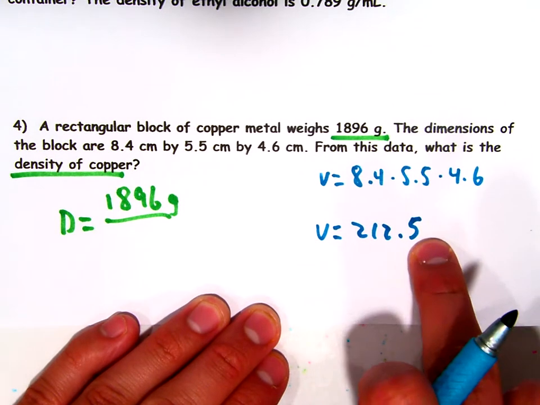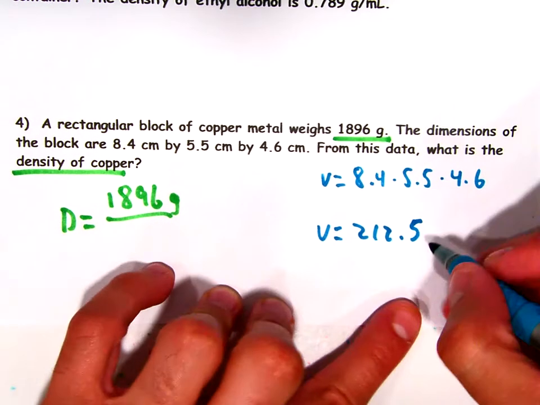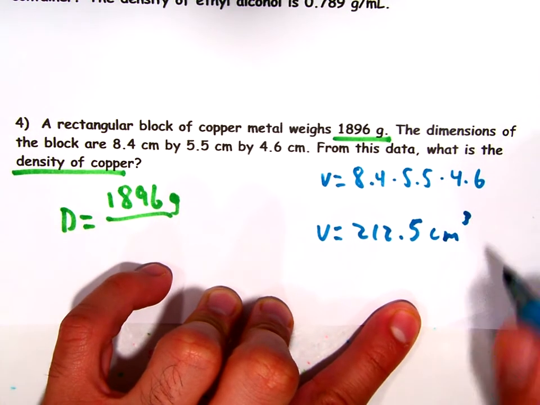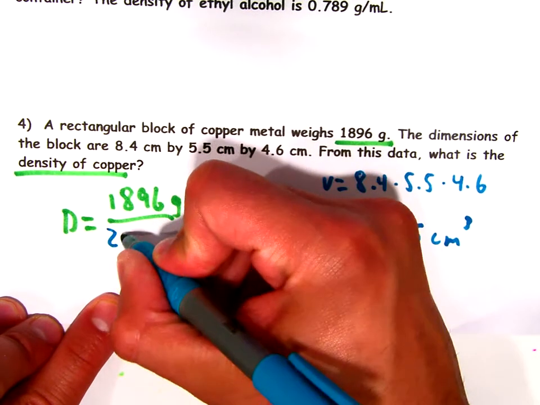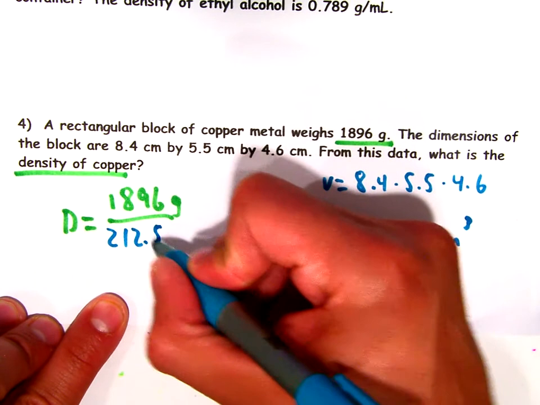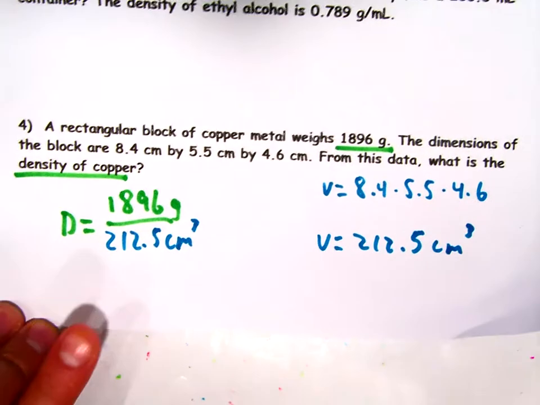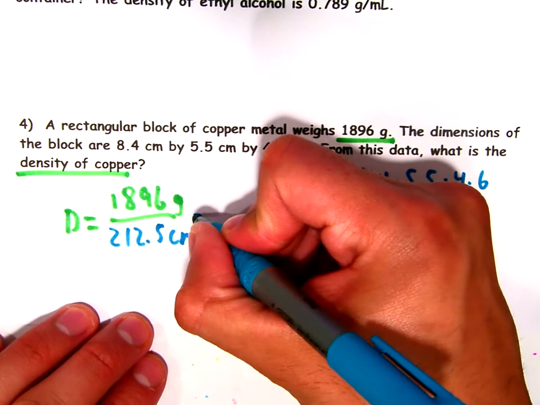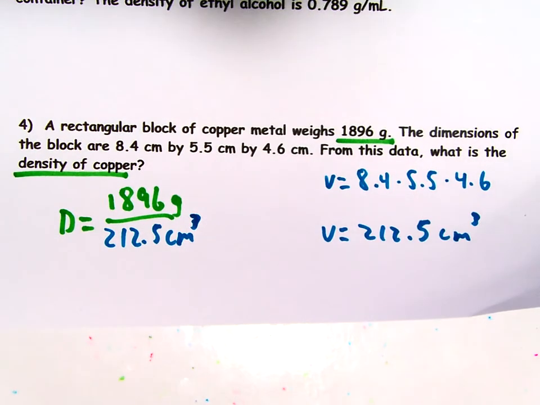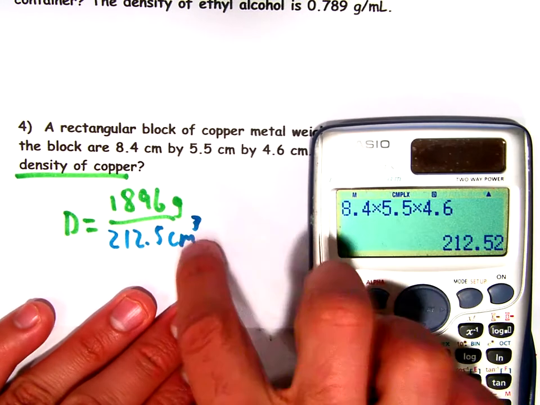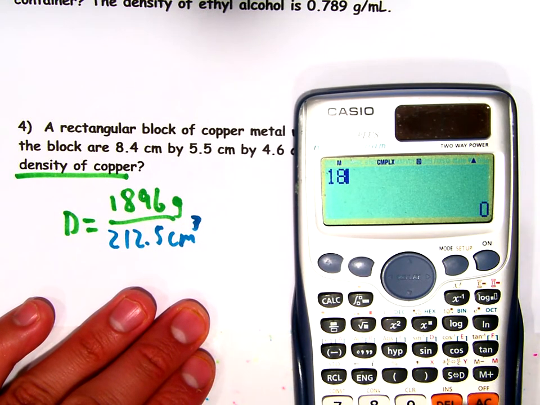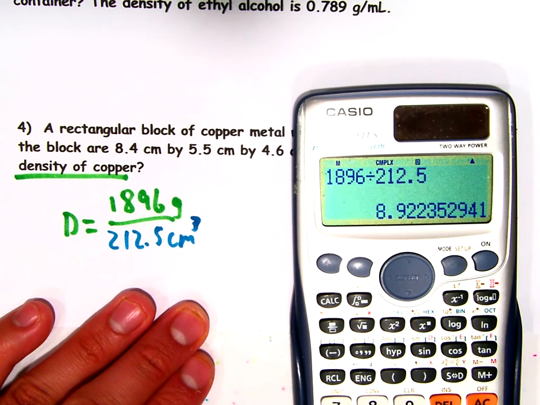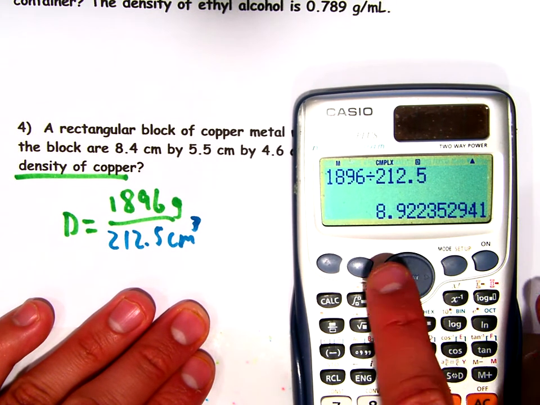What are my units? I want centimeters times centimeters times centimeters, so it's centimeters cubed. I'm not done, I have to plug this number into my volume. So I take this number and put it down there, centimeters cubed. That's a 3 there. Now I use my calculator and divide them, same as the first problem. 1896 divided by 212.5 gives me 8.922.